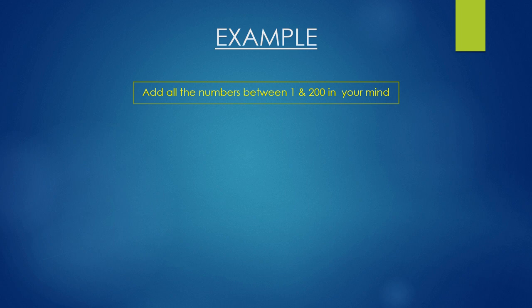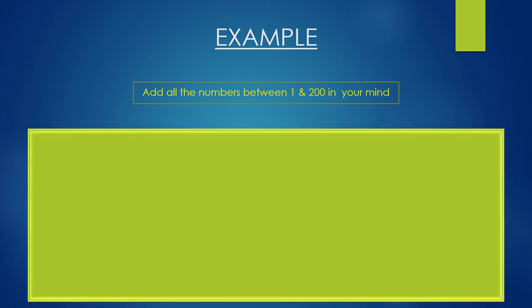So by using computational thinking, I am going to teach you how to solve this complex problem easily and efficiently. Let's take a look. Here's what we need to do. We will add all the numbers from 1 to 200.